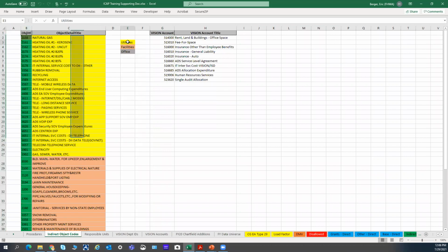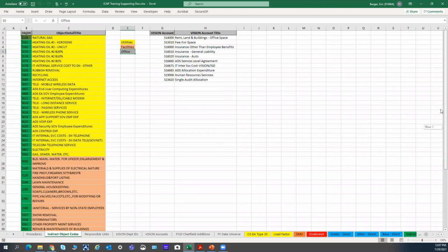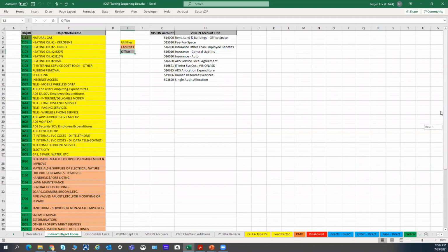They mentioned utilities, facilities, and office, and what those are. This is just a description, and this is manually put together. This isn't pulled out of the system. Maybe they cut and pasted from various parts of the system to get this information, but basically this is a roadmap regarding object detail and object detail title for the various indirect costs.